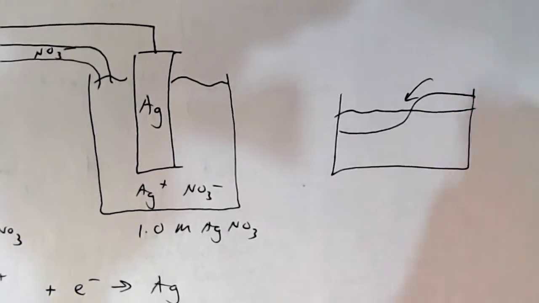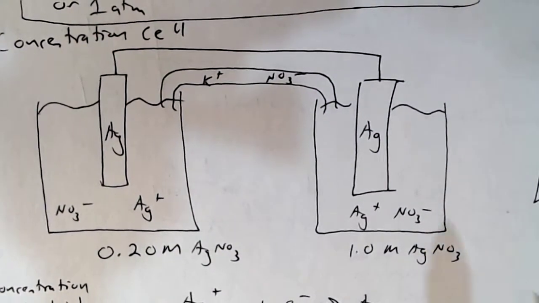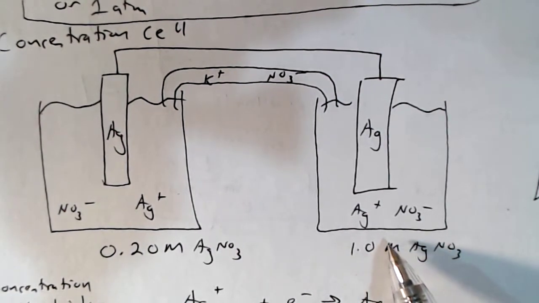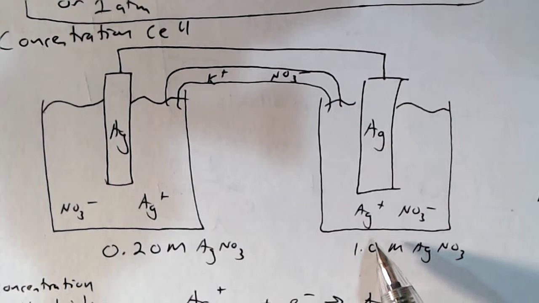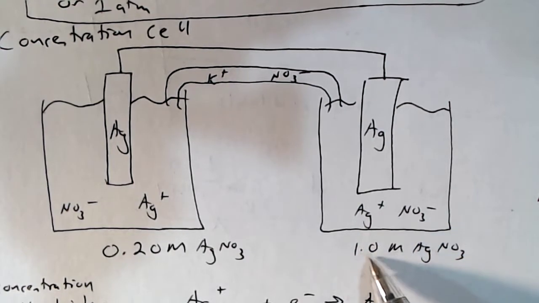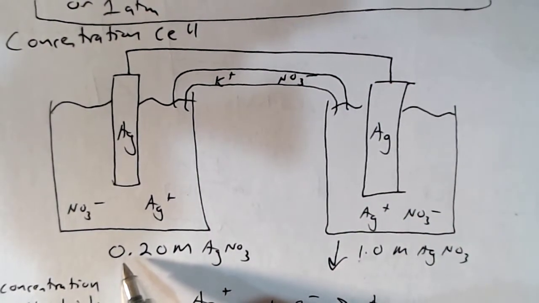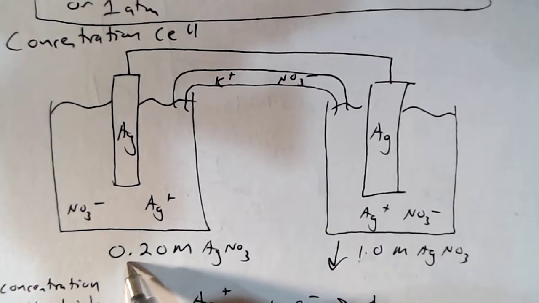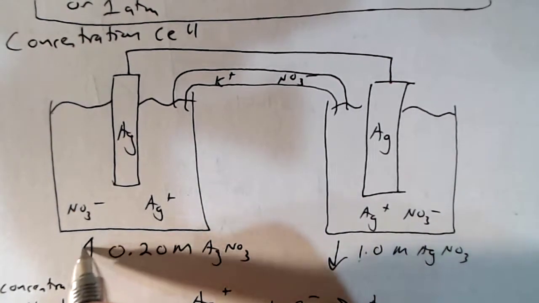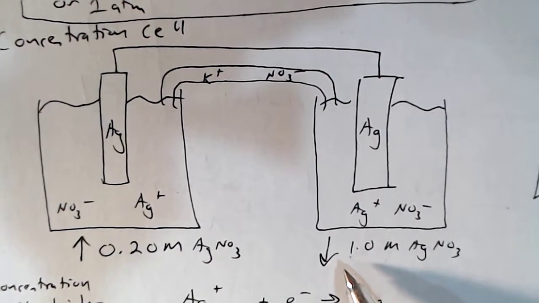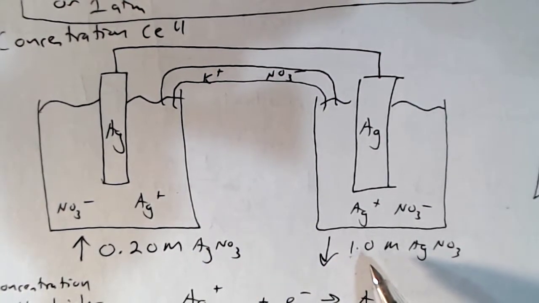And so it's going to be similar with this case. We're going to have a flowing of electrons so that the concentration of silver ions in the more concentrated solution decreases. And the concentration of the silver ions in the less concentrated solution will increase until eventually you get the same molarity of silver ions in both cases.